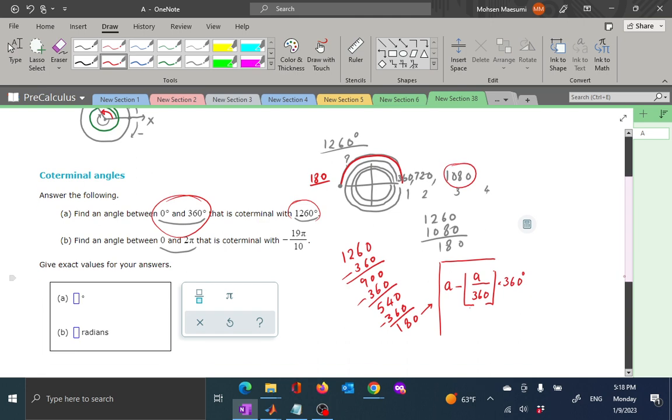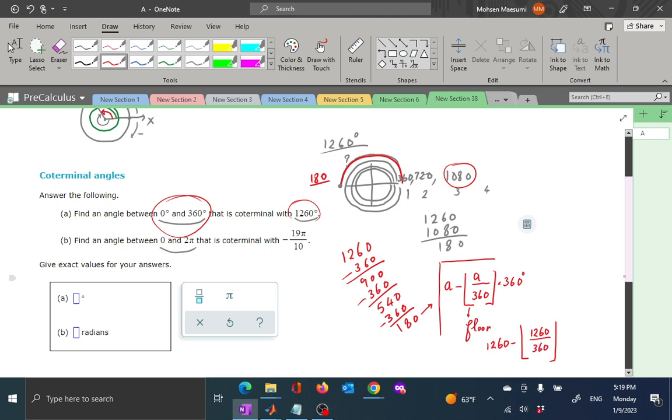So if you want the formula, this particular notation is sometimes called the floor function. Most disciplines are not going to use this thing, more commonly used in computer science, but either way it just simply means keep the whole part. So if you have 1260, we want to subtract from that 1260 divided by 360, floored.